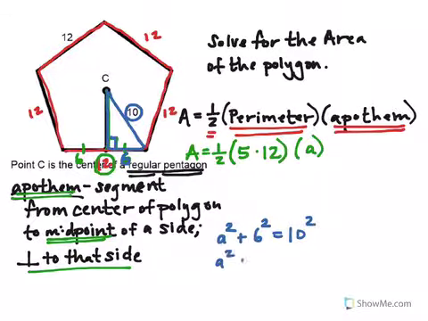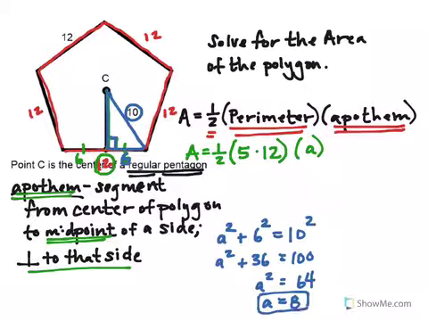The apothem squared plus 36 is equal to 100. Subtract 36 from both sides, and we get the apothem squared is equal to 64. When we take the square root of both sides, we get that the apothem has a length of 8.